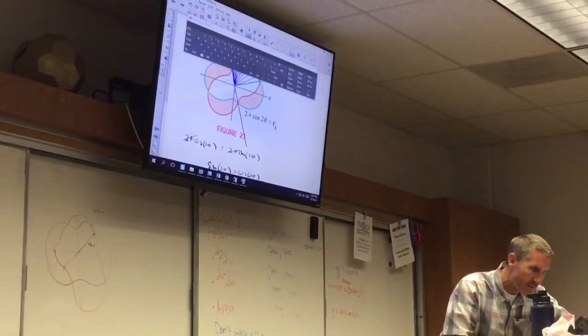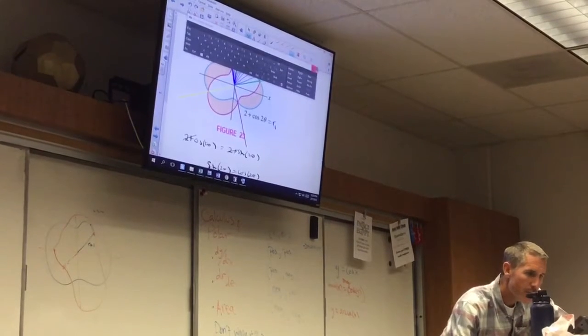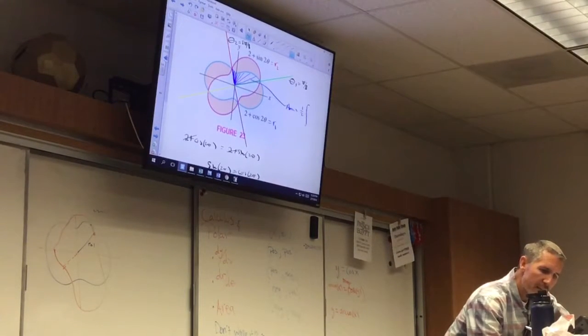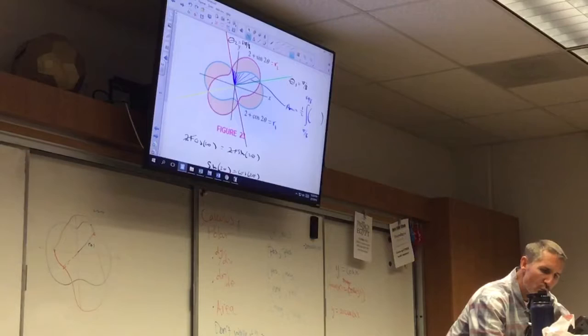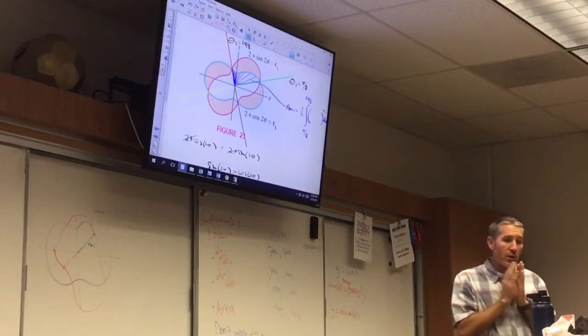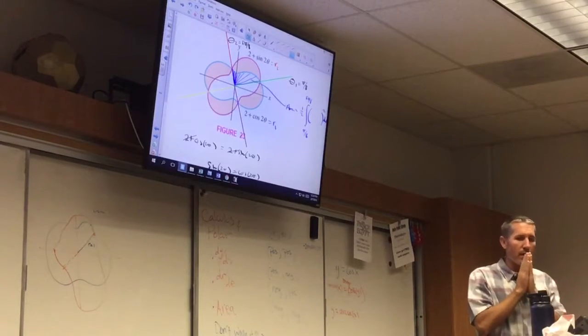Okay? So now, just that area, and then I'll multiply by 4 later, just the area of that region is equal to 1/2 times the integral from pi over 8 to 5 pi over 8 of something squared d theta. So what is it, which one am I going to? 2 plus cosine 2 theta or 2 plus sine 2 theta?